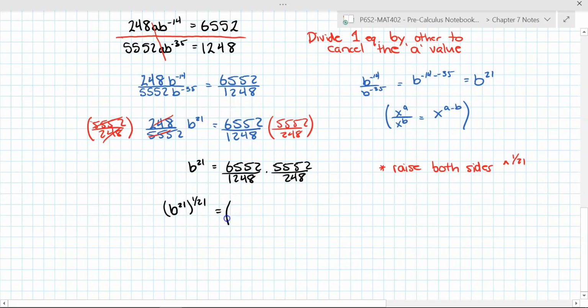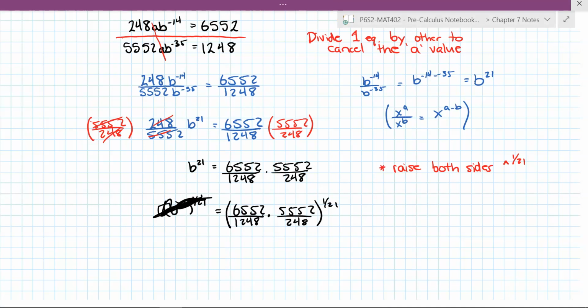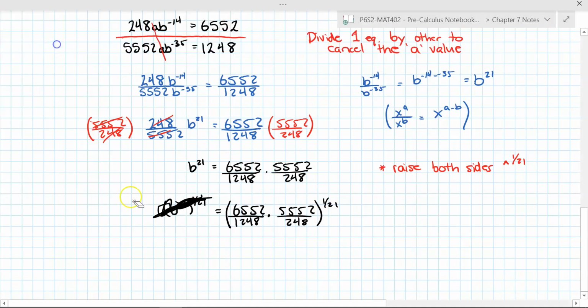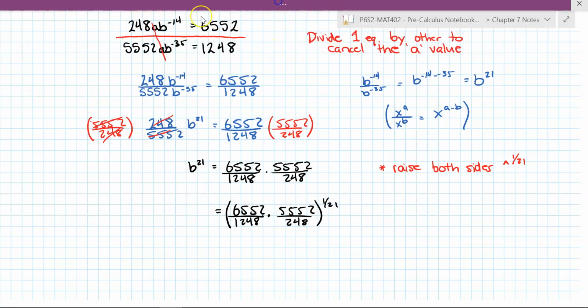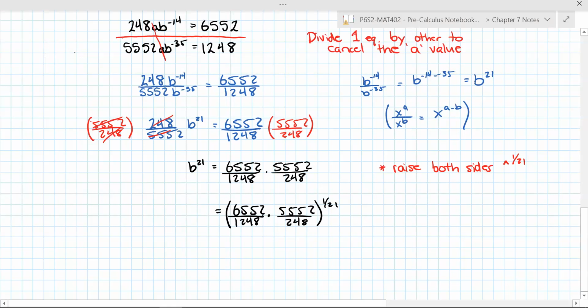And then this whole thing, I'm just going to put the whole piece here. I'm raising both those to the 1/21st power, but this just cancels and leaves just B. So let's find out what that is.